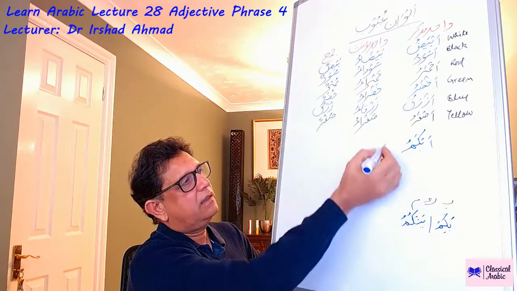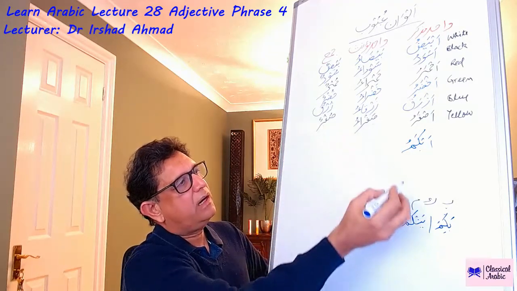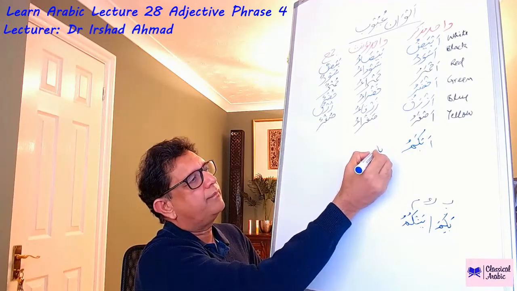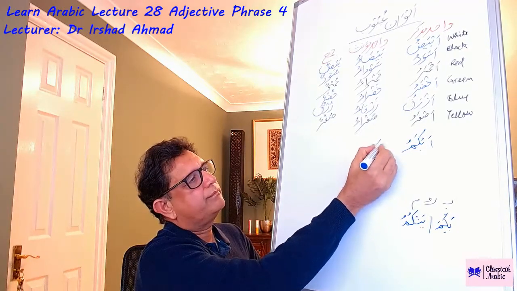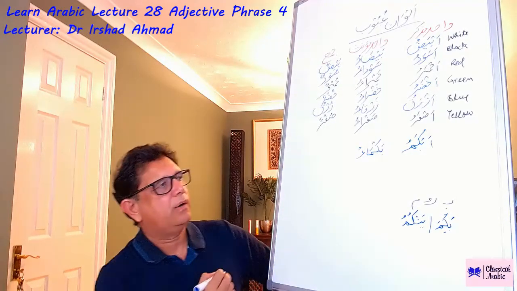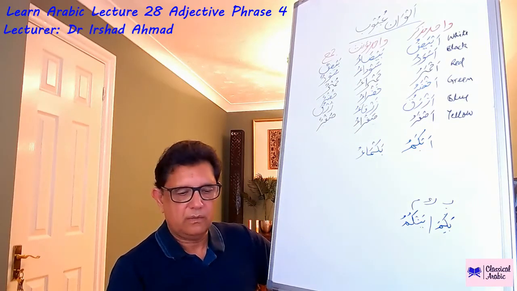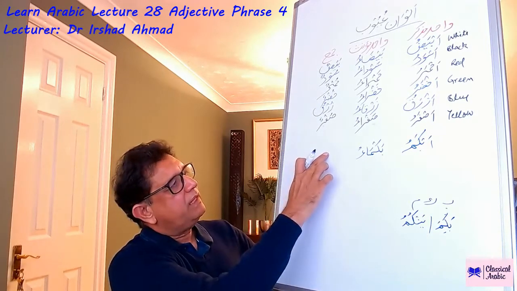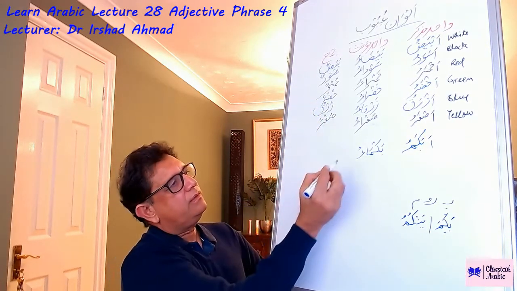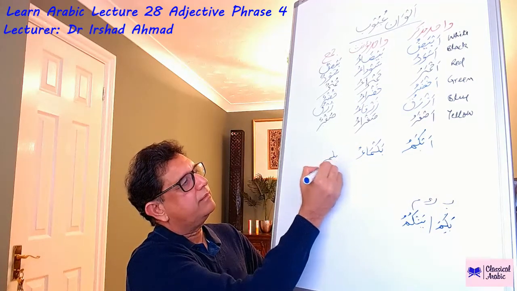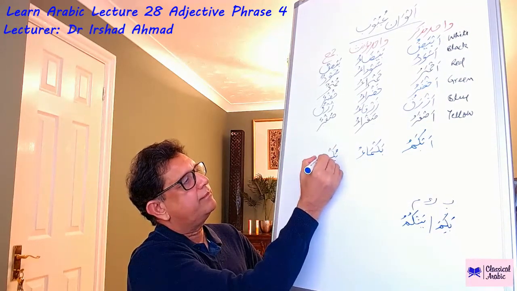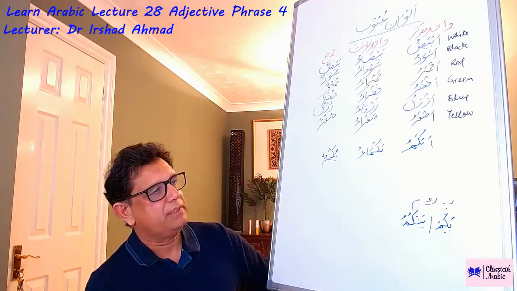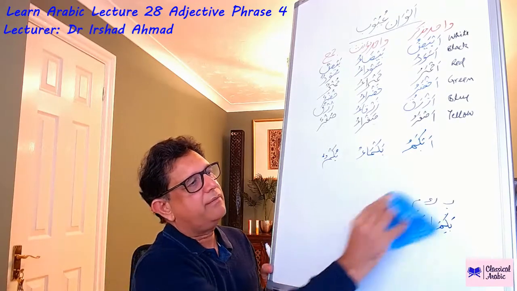Then on the pattern fa'la'u, that will become bakma'u, a woman who cannot speak. And if there are many men or women, that will be in the pattern of fu'lun, so that will be bukmun. So many men or women who are unable to speak. So that's ba, kaf, mim.